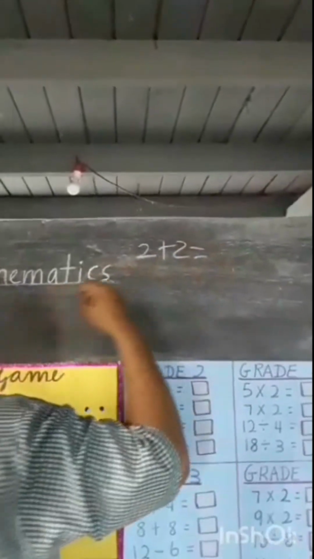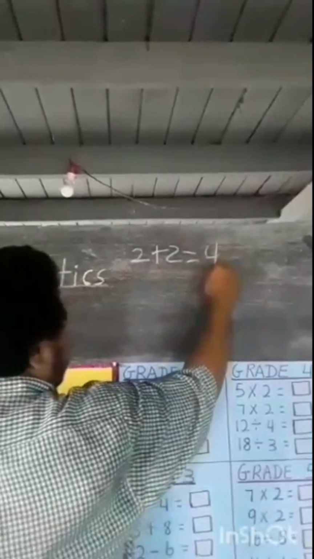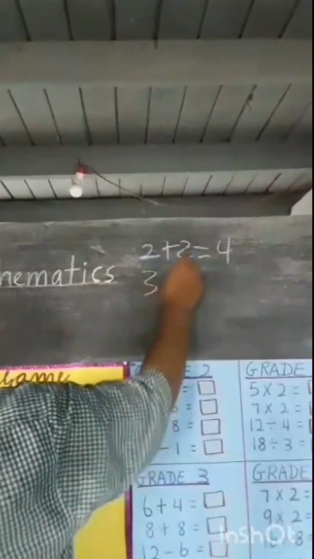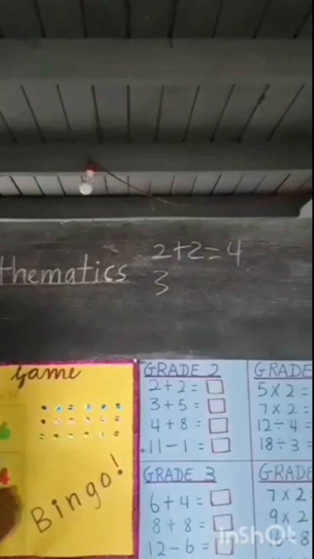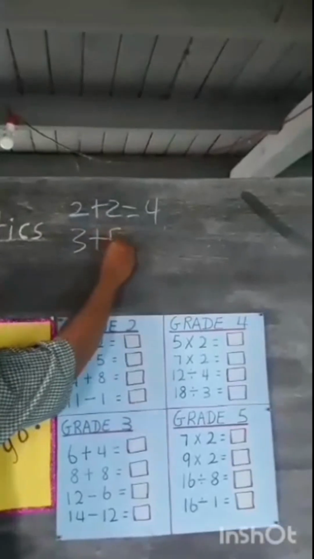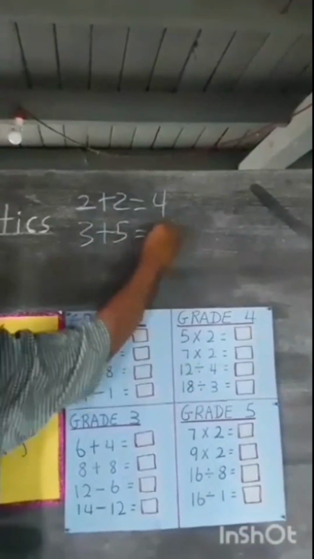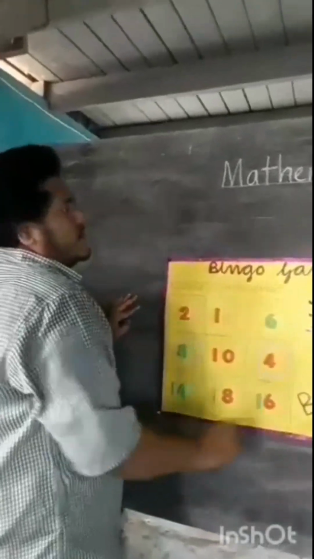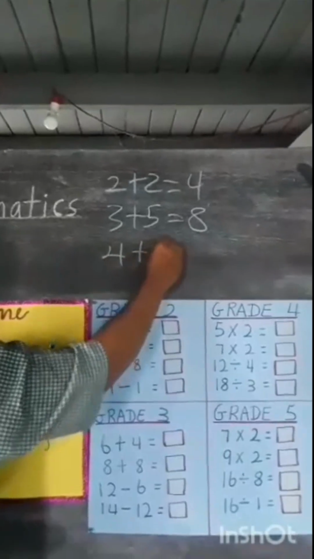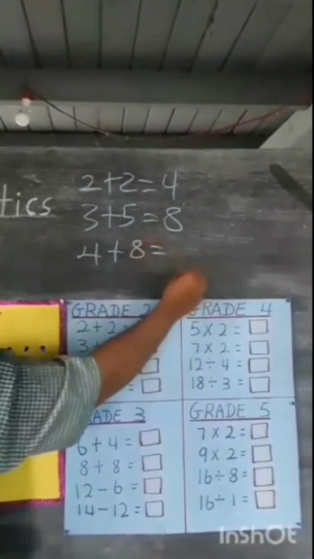complete all the sums and they get all the sums right. So 2 plus 2, 4, right? Circle it up. 2 plus 2, 4. 3 plus 5, 8. 4 plus 8 is equal to 12.